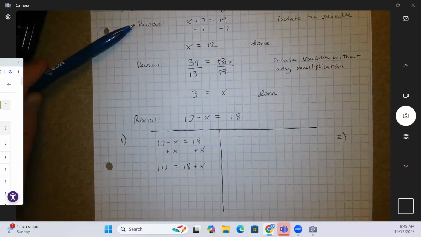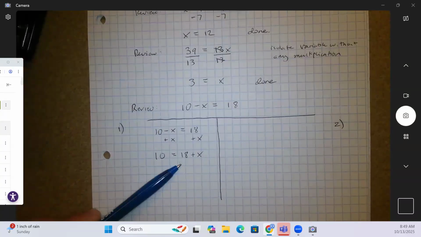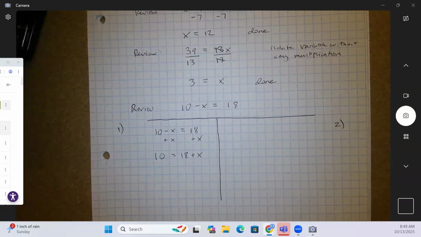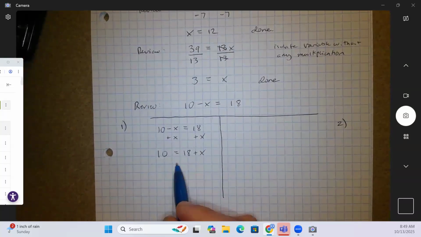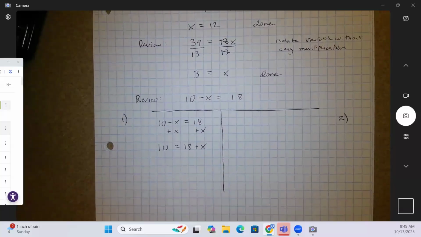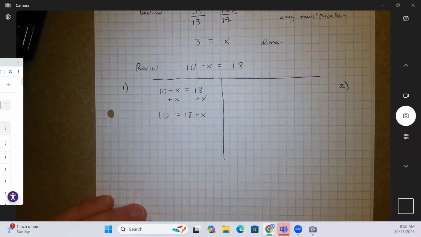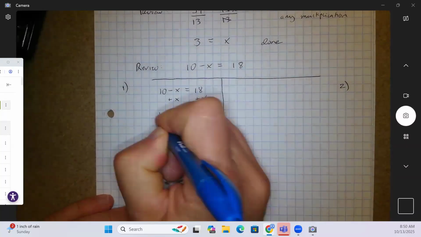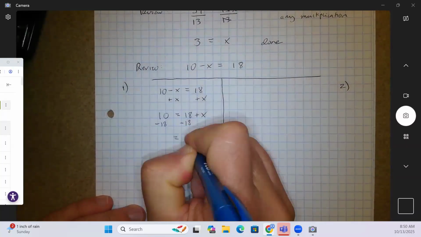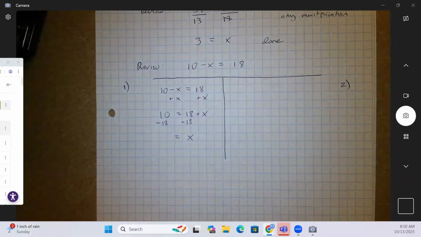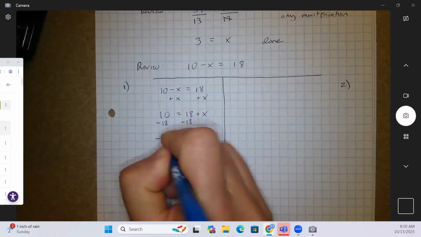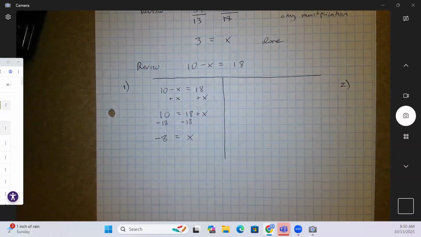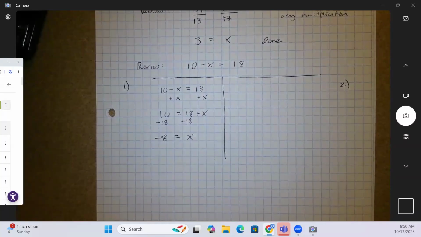Instead of x plus 7 equals 19, it's 10 equals 18 plus x. But for example, if I read it backward, it looked basically the same. So how do I isolate the x? I'll subtract 18 from both sides. That gives me x by itself on the right and negative 8 on the left. That's one way to solve it.